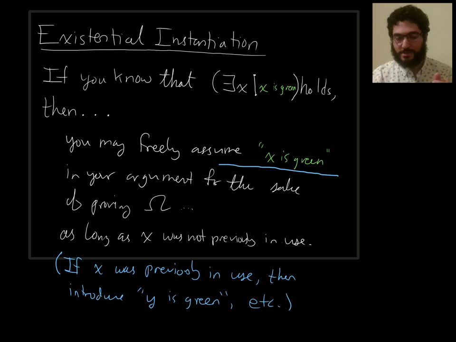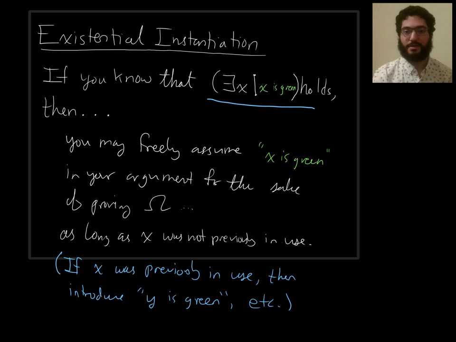That's this step where we assume x is green. Let x be that green thing. Then we can work with that hypothetical green thing named x, and if I can convince you that omega is true using x's greenness, then at the end you should be convinced that omega is true just from the fact that something is green.